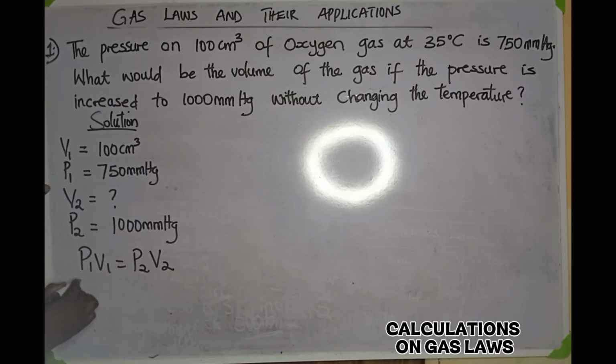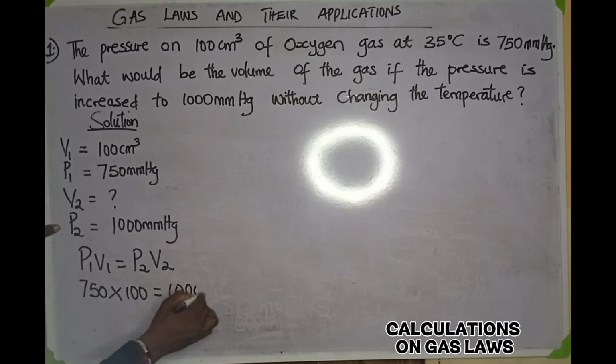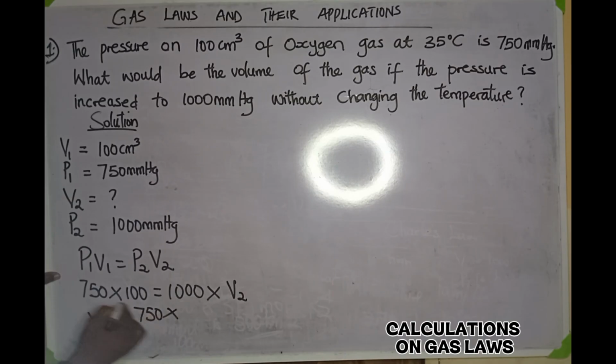Our P1 is 750, V1 is 100, P2 is 1000, and V2 is unknown. We are to find V2. So V2 is equal to 750 times 100 all divided by 1000. Calculate it and give me the answer.